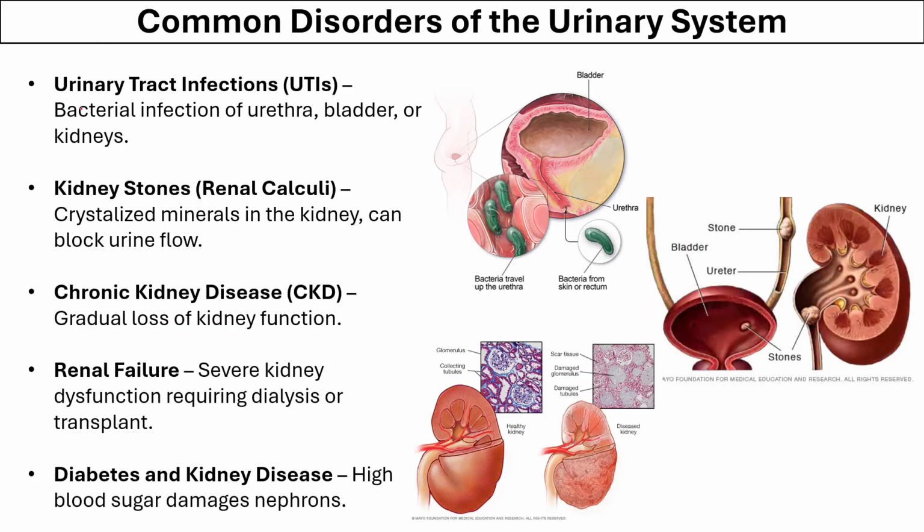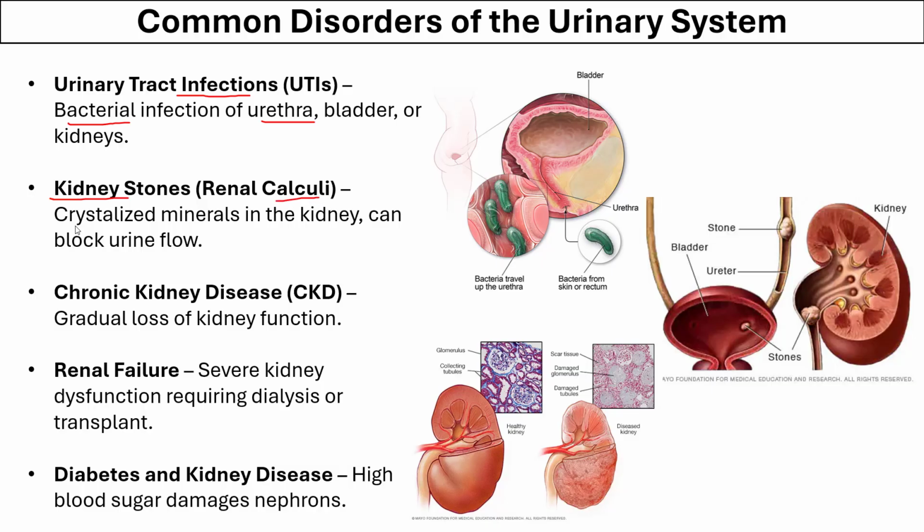Common urinary disorders are urinary tract infection, which can be because of some kind of bacterial infection in the urethra, bladder, or kidneys. You can have a situation of kidney stones, also called renal calculi.